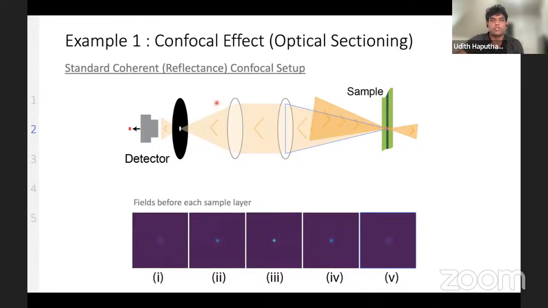In a coherent microscope, we image one point at a time. The dark yellowish light shows the input beam, which focuses on this particular point.